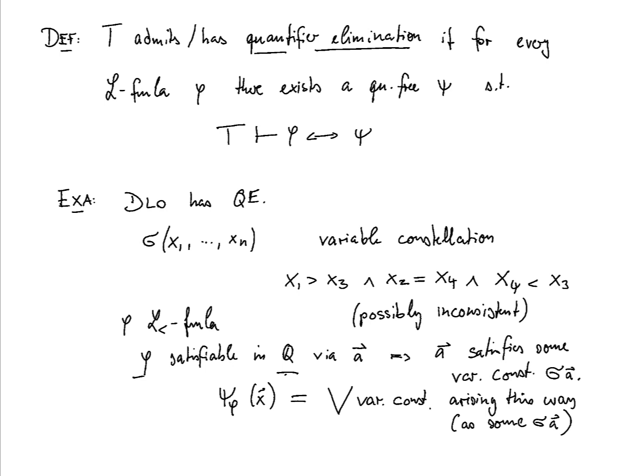And among those, we pick out those that can be obtained by looking at how the values that we assign to the a_i in satisfying assignments relate to each other, right? And those we collect in one big formula, psi sub phi.